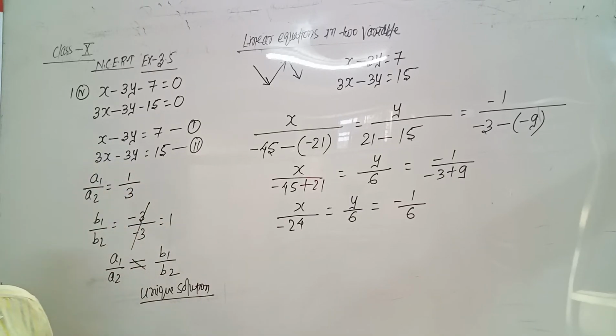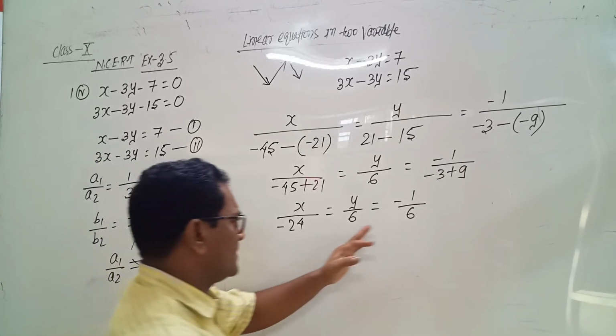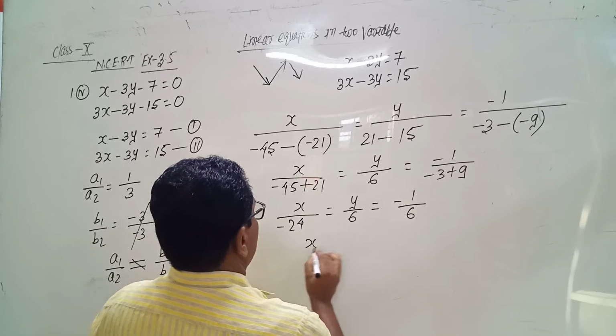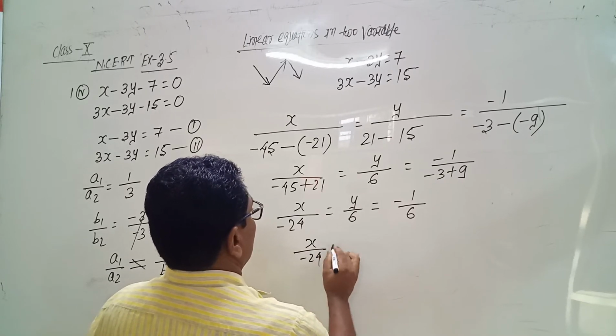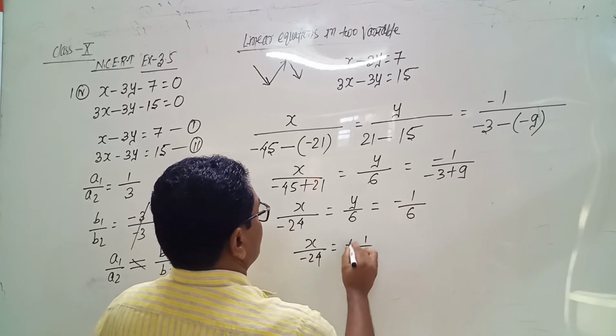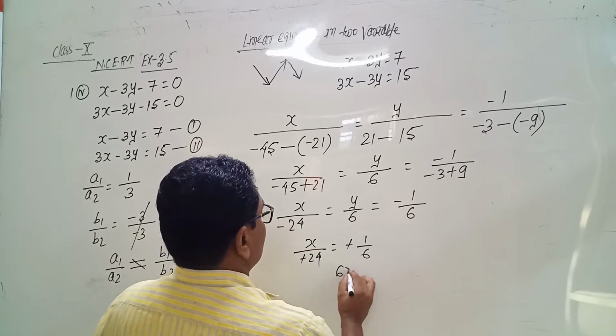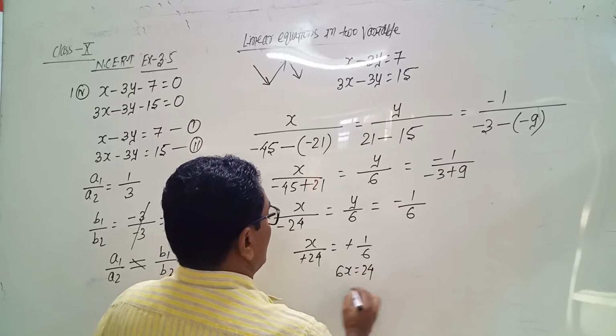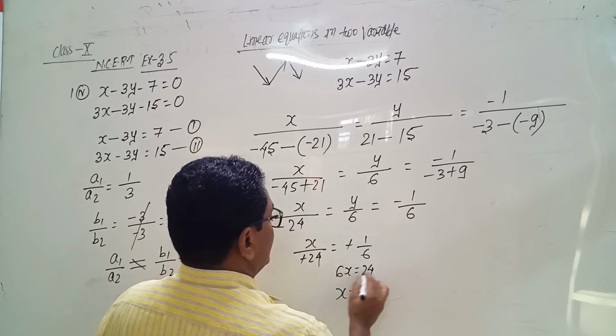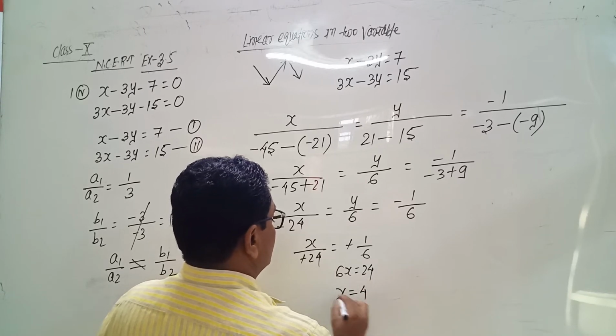Now we have to solve the first term and last term. So x by minus 24 equals to minus 1 by 6, minus and minus cancelled. 6x equals to 24 and the value of x is 24 by 6, which is 4.